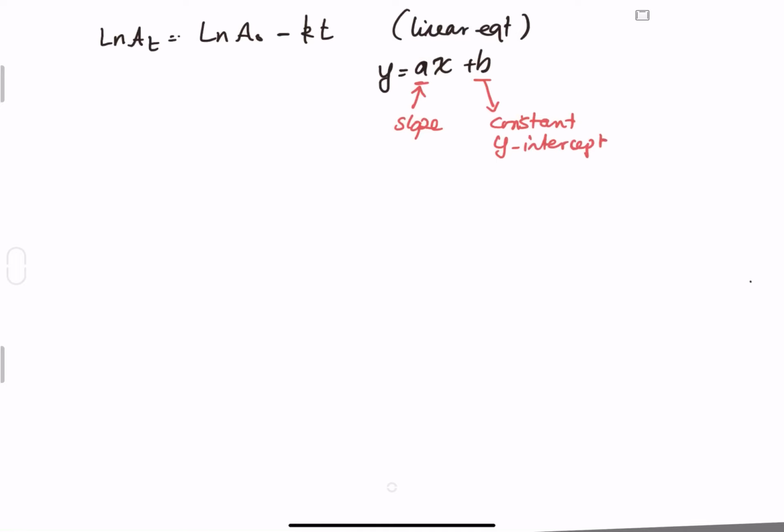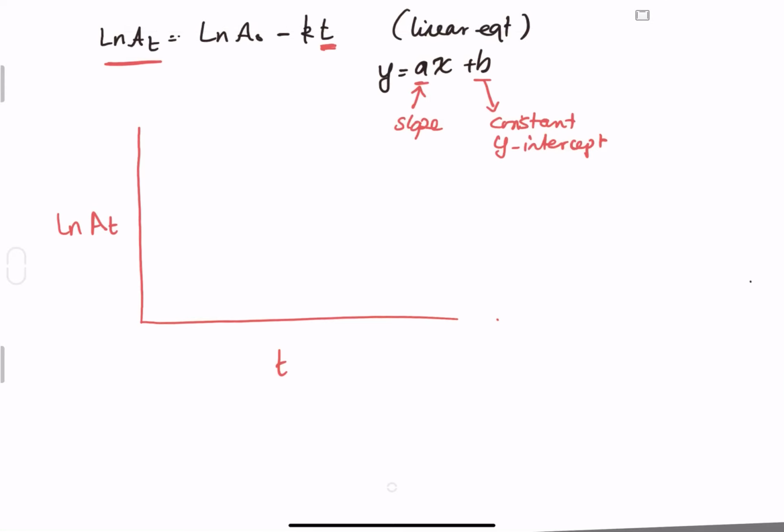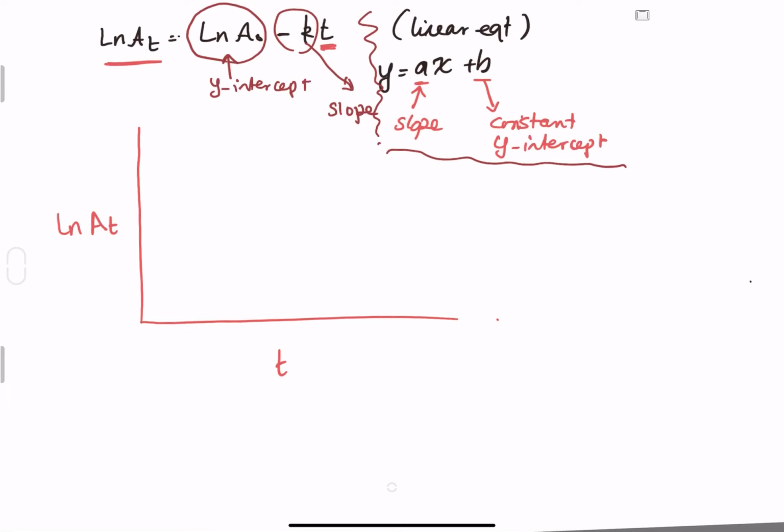So if we are drawing ln A at a certain time versus this, then accordingly I will have this as my y-intercept and this as the slope. Okay, so let's try to draw it.